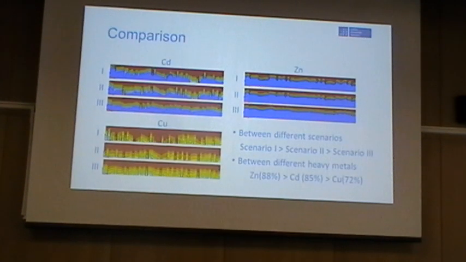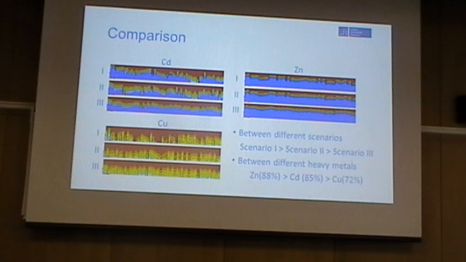So now the comparison. Firstly, a common phenomenon can be observed between the different scenarios for all three heavy metals. That is, the variability of transport in scenario 1 is bigger than scenario 2 and bigger than scenario 3.